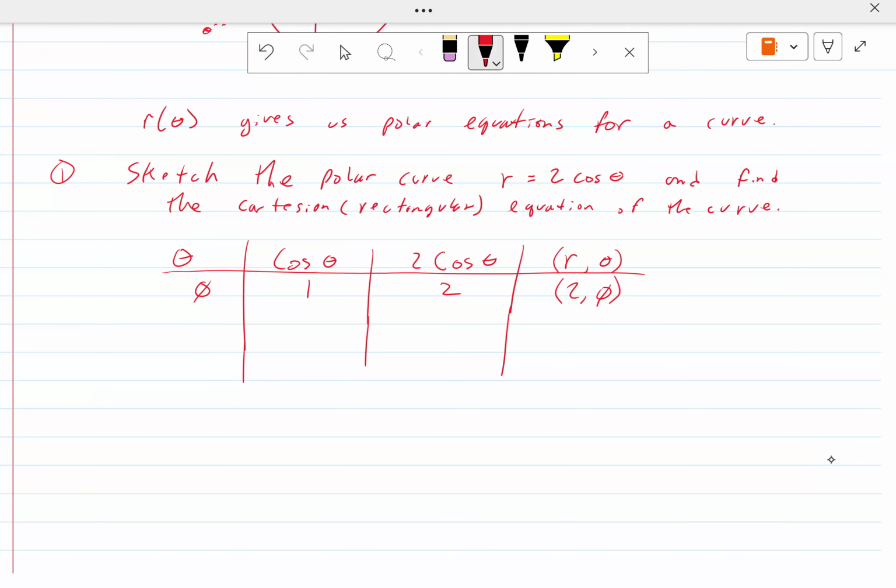Okay. What about pi over 4? The cosine of theta is radical 2 over 2. If I multiply by 2, I get radical 2. And so this becomes radical 2, because again, this is r, right? r is equal to 2 cosine theta. Okay, but this is r.